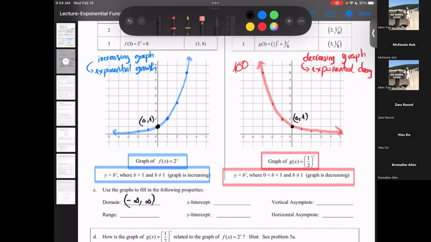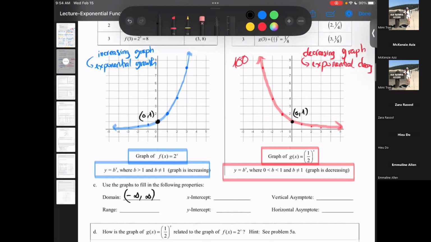What about the range? Where does it start? Do I go below 1? 0, right? Do I include 0? Remember, 0 is your horizontal asymptote. What does that mean? You don't touch it, unless you're told so, but in this case, it doesn't touch.